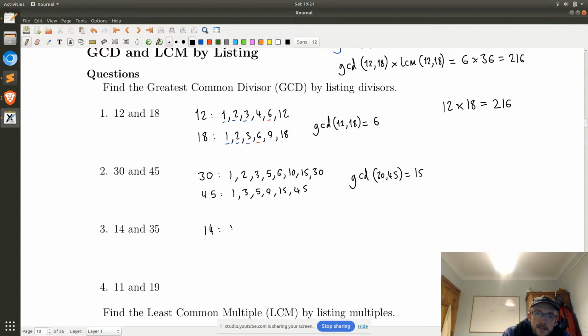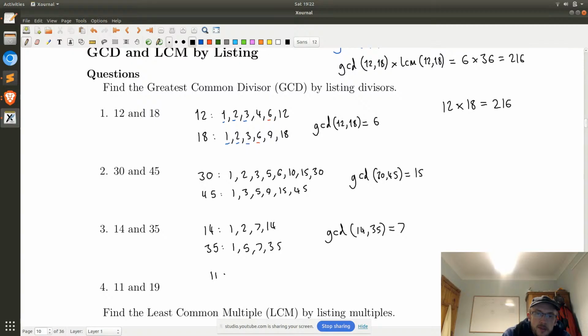For 14, we have 1, 2, 7, and 14. For 35, there's 1, 5, 7, and 35. And therefore, their GCD is 7, beg your pardon.